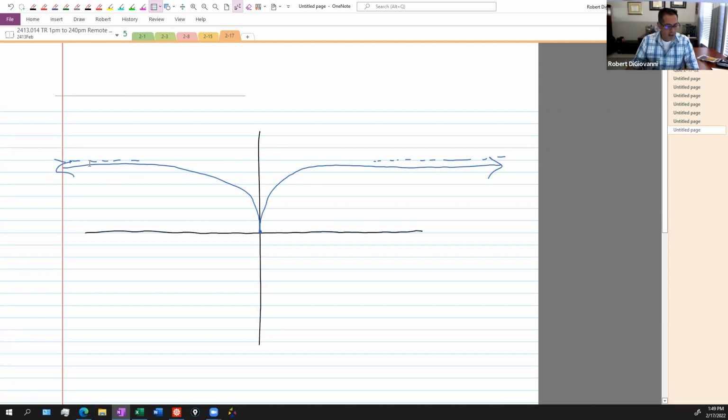The dotted line represents a horizontal asymptote. And then these both come in and curve in and hit down here at the origin. Let me give you a minute or two on that one. This is a tricky one, but if you understand what's going on here, I think you can get this.